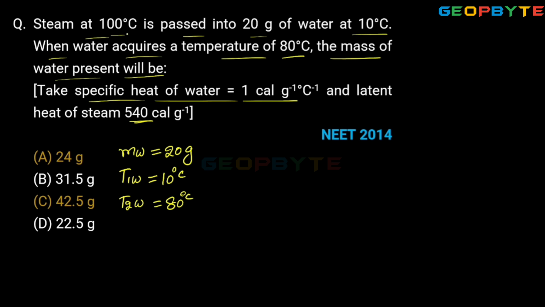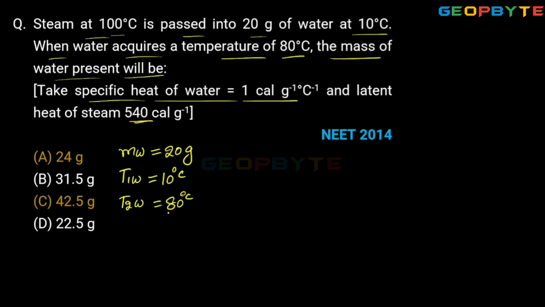Once the condensation is complete, because of the further heat rejection to water, the temperature of that liquid drops to 80 degrees centigrade, the temperature of the water. So by writing the energy balance equation between the steam and water, you can find the amount of water present in the system.